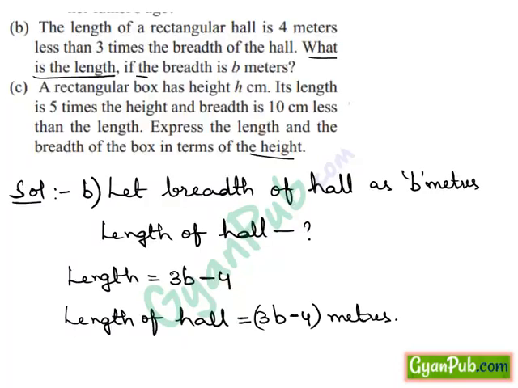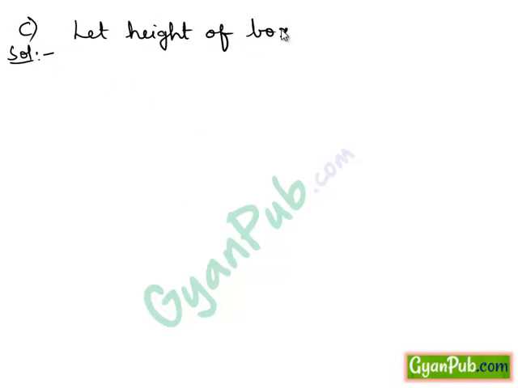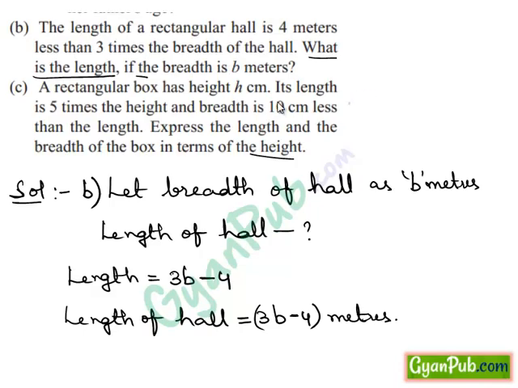In the question they had given that let the height of the rectangular box be h centimeters, and they had given that its length is 5 times the height.